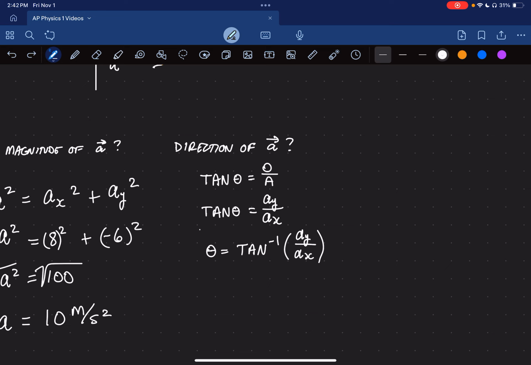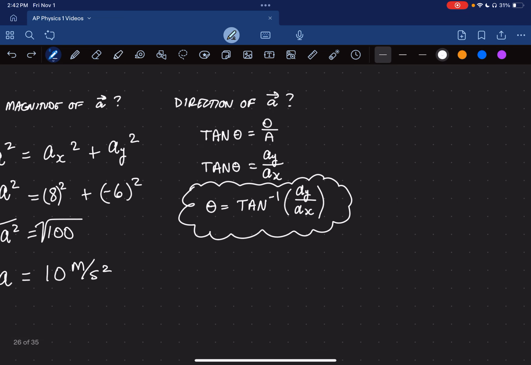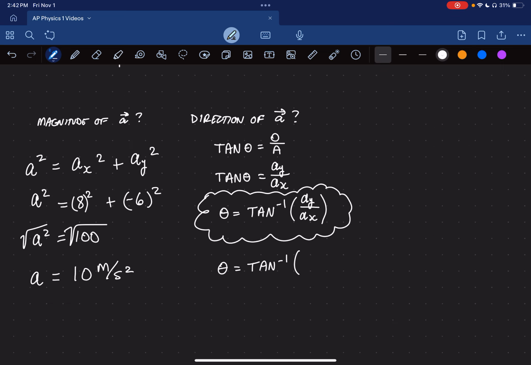This is what you want to remember. And I never need to see this over here anymore. We just want to go straight from here. So let's do that. Tangent -1. Inverse tangent or arctangent, however you want to call it. I call it inverse tangent. Ay was -6 and ax was 8.